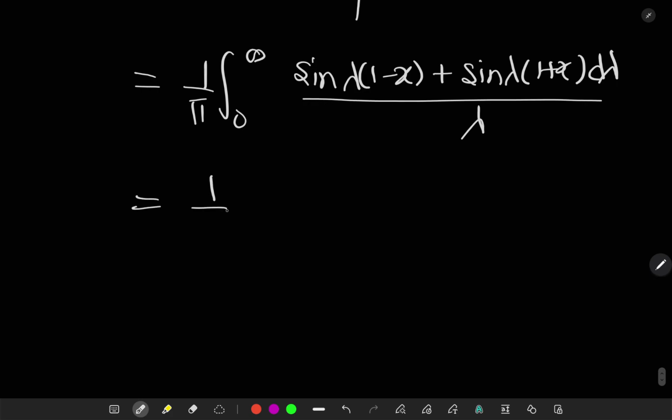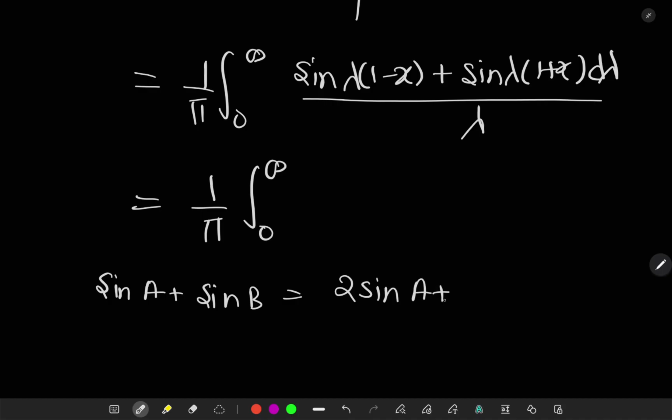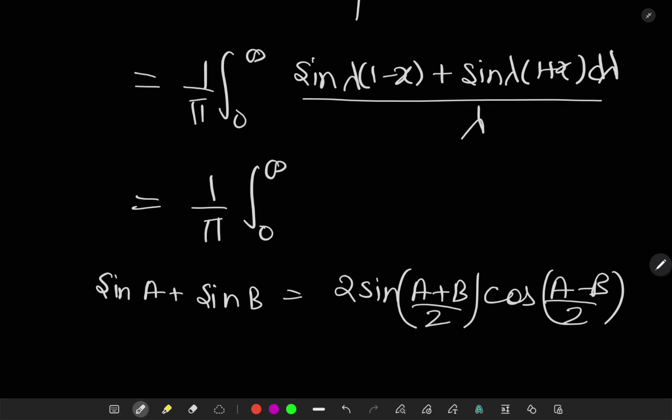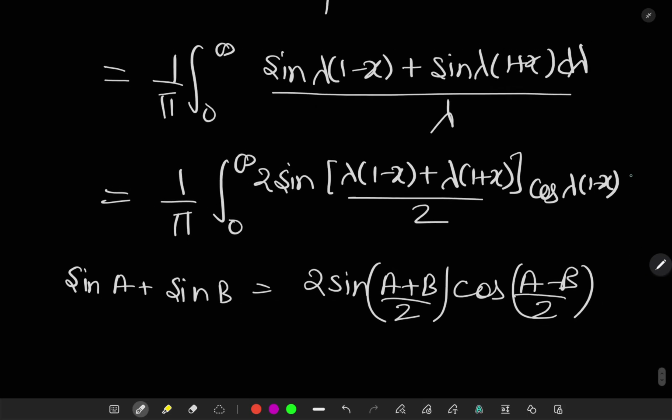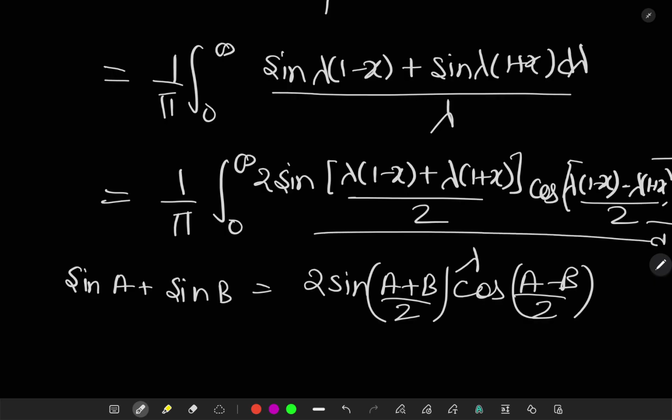divided by λ is equal to 1/π integral 0 to infinity, and using here the formula of sin a plus sin b, which is equal to 2 sin((a + b)/2) into cos((a − b)/2), and this whole term is divided by λ and multiplied by dx.